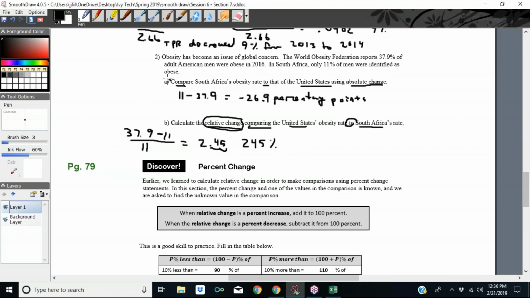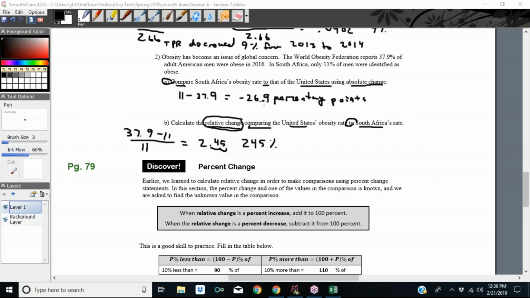So up here in part A, sorry about that. Okay, so in part A, we have just an absolute change, so it's 26.9 percentage points less.